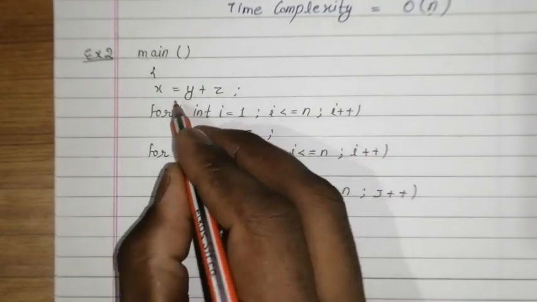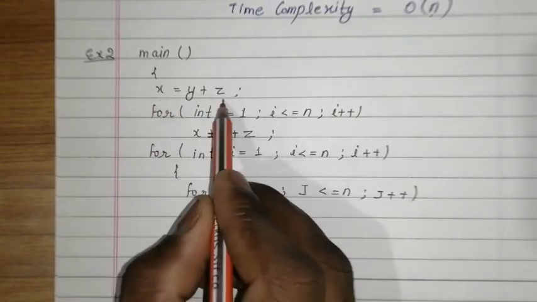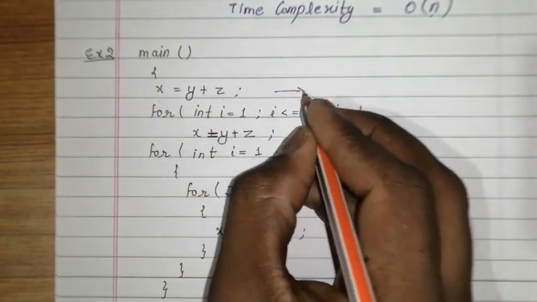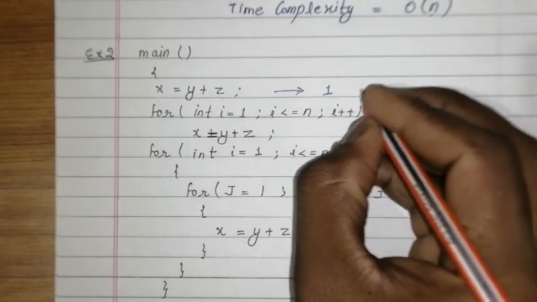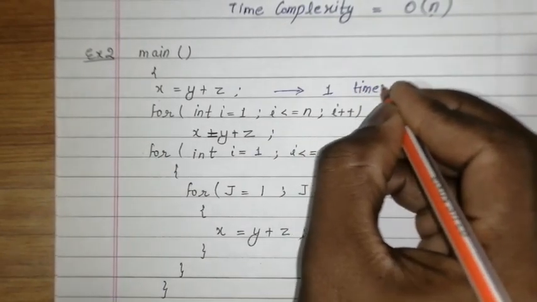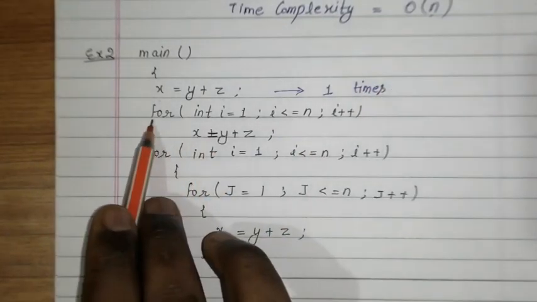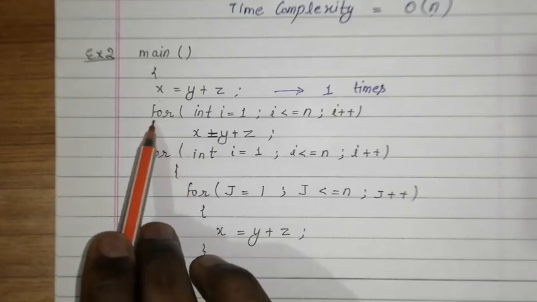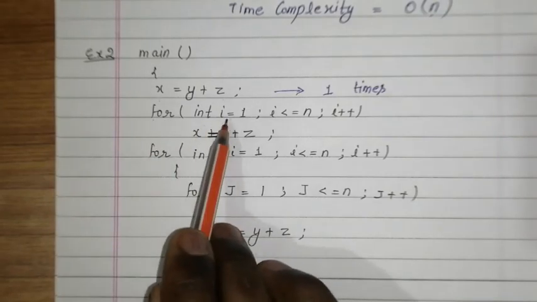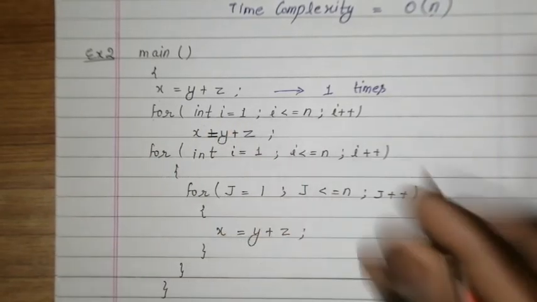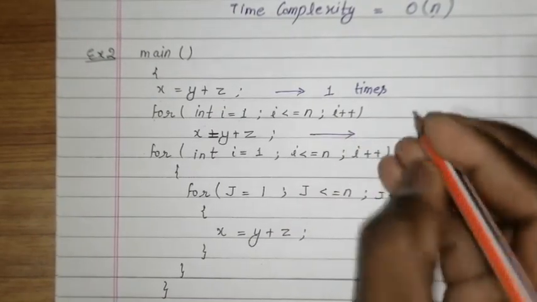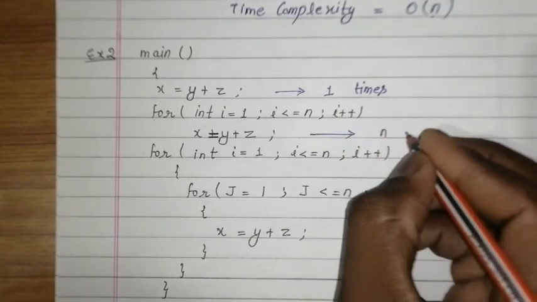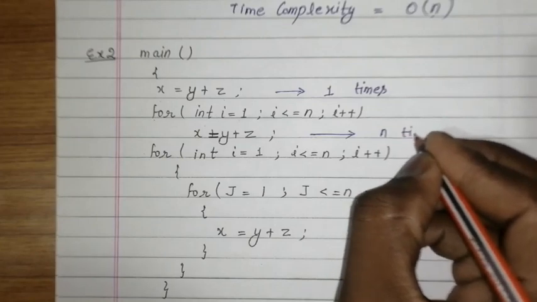This statement will execute only one time, okay. And this for loop will iterate from i is equal to 1 up to n. So how many times will this execute? N times, okay.